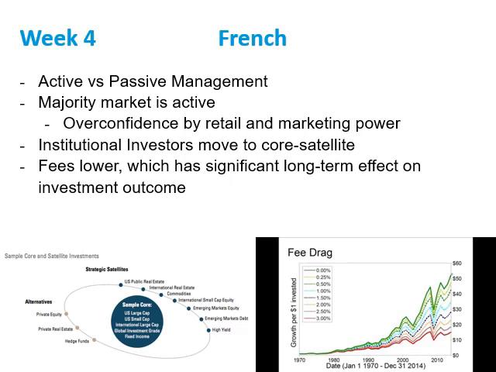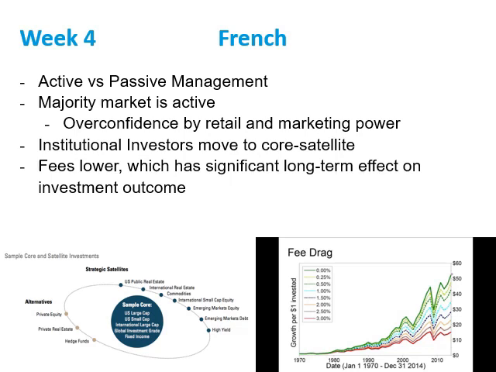So if you're sitting, let's say, in a fund supermarket and you have a shelf behind you, with either active or passive funds, of course you would push the active funds. Why? Because you earn higher fees on that. And it seems that indeed most retail investors are sensitive to that. So driven by overconfidence and marketing by sellers of the funds, they would go for the active ones.